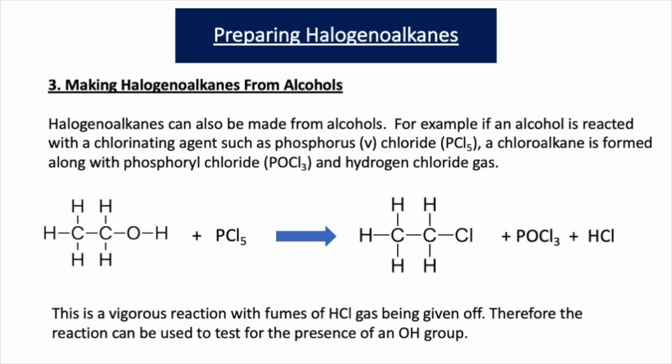Now this reaction produces fumes of hydrogen chloride gas, and it's a very vigorous reaction. So therefore chemists have used this in the past to test for an alcohol group, because the addition of PCl5 produces fumes of hydrogen chloride gas in a very vigorous reaction.